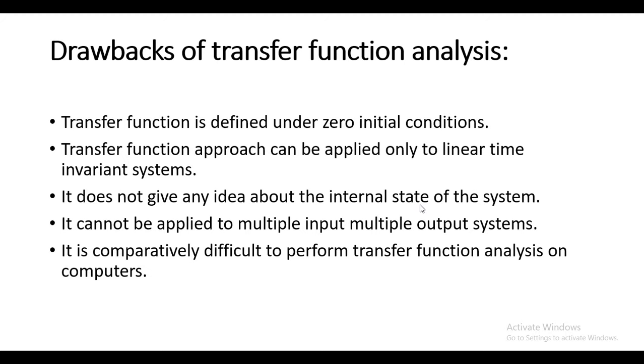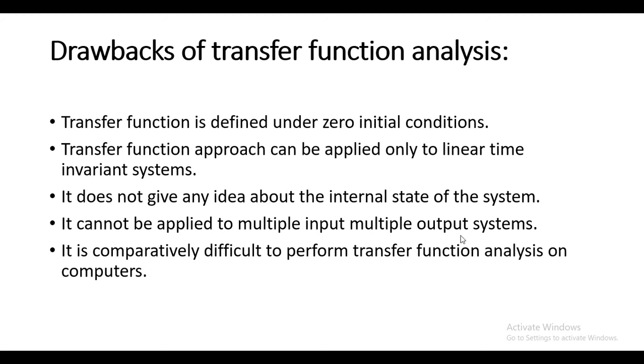What do we mean by state of a system? That we will see afterwards, don't worry. But there are some internal states of the system that are not considered while doing the analysis of a transfer function. Next, it cannot be applied to multiple input and multiple output systems.